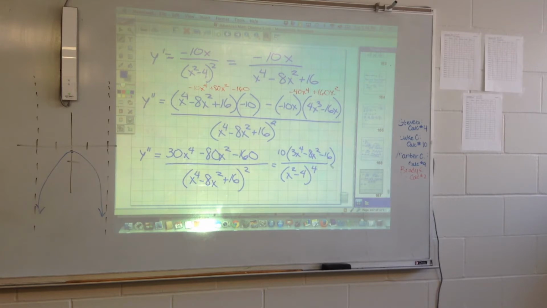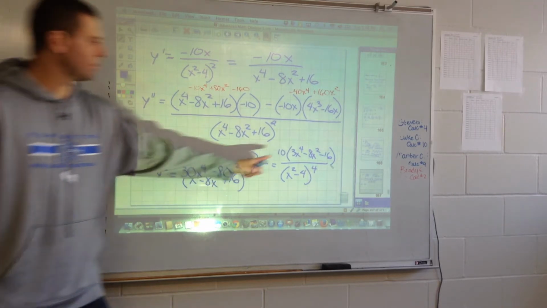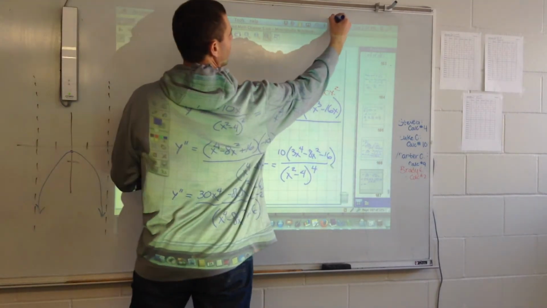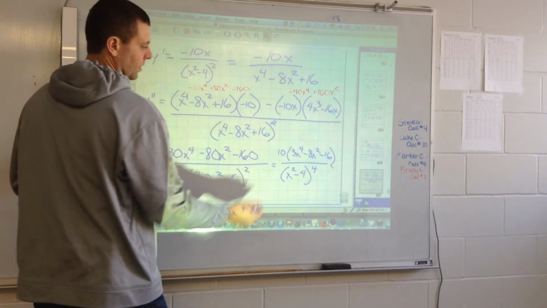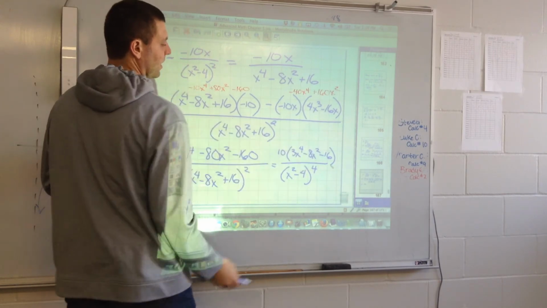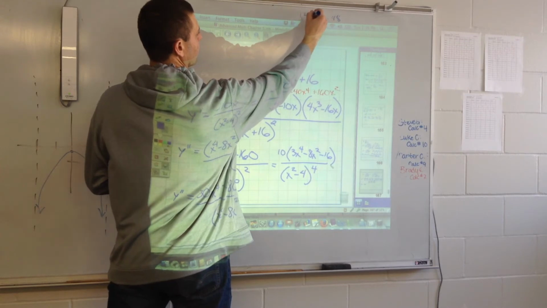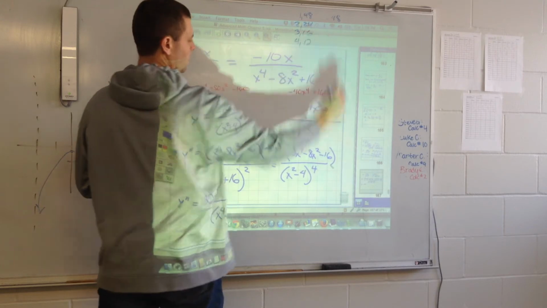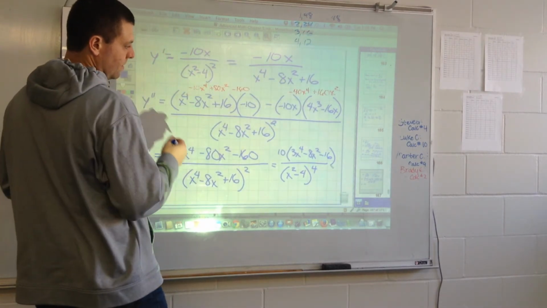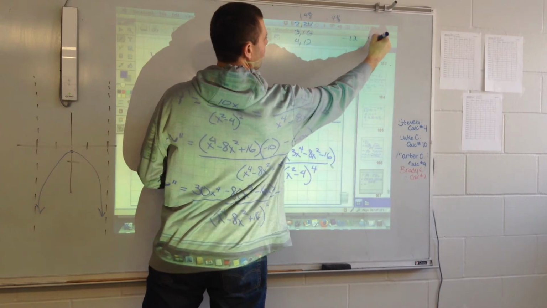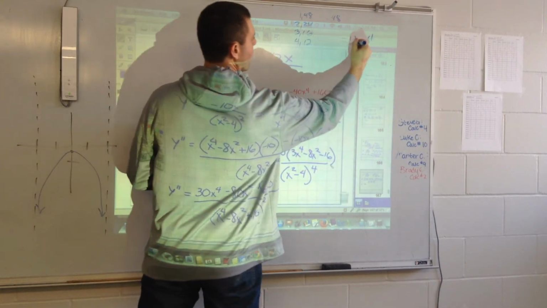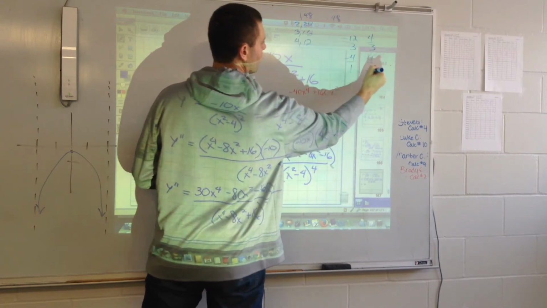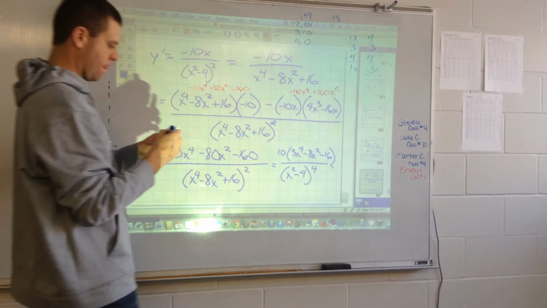Then you can check the special factoring trick to see if that's factorable. 3 times negative 16 gives me negative 48. Then I'm looking for things that multiply to negative 48 and add to negative 8. So 1 and 48, 2 and 24, 3 and 16, 4 and 12. We got a winner. So negative 12 and 4. Divide those by 3. So negative 4 over 1 and 4 over 3. Put the x squareds at the bottom.